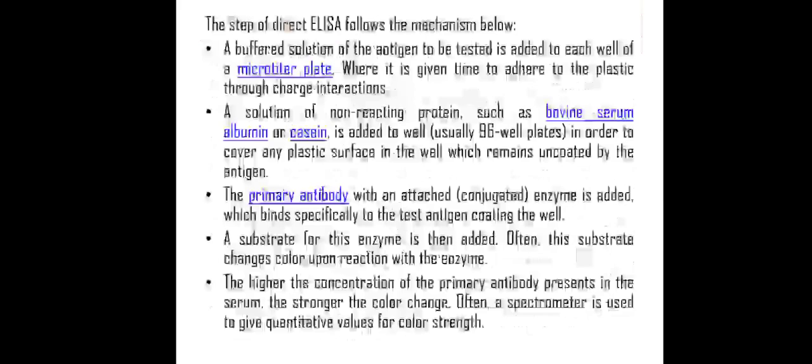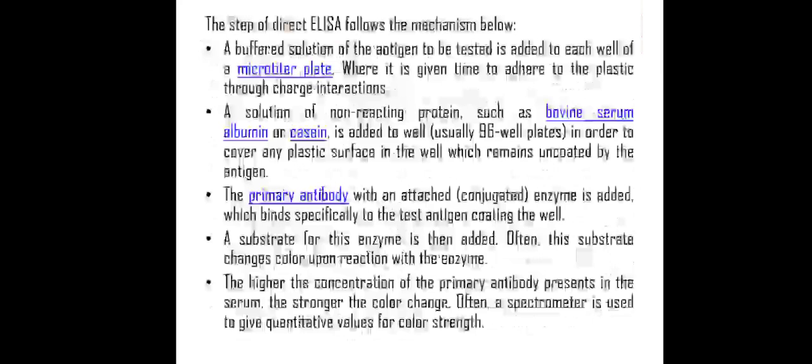Now the steps involved within the enzyme linked immunosorbent assay, which is a diagnostic method for the diagnosis of HIV infection. Within this, the buffered solution of the antigen to be tested is added to each well of a microtiter plate and given time to adhere to the plastic through charge interactions.